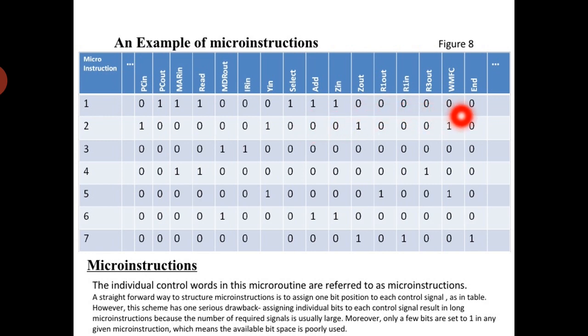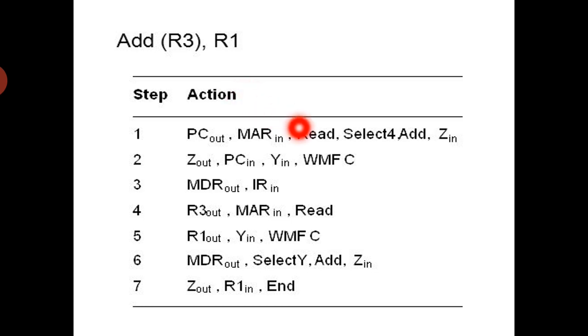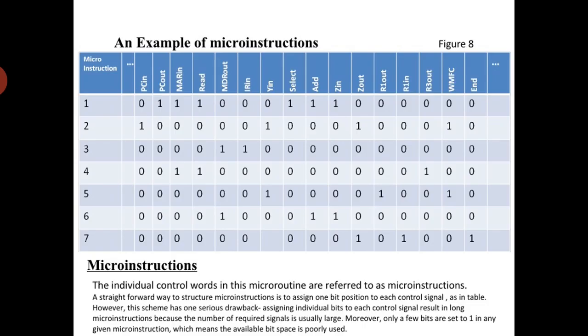And the remaining control signals will be 0. So this is the code word for the first microinstruction. Like this, for the 7 microinstructions, we have written 7 code words.